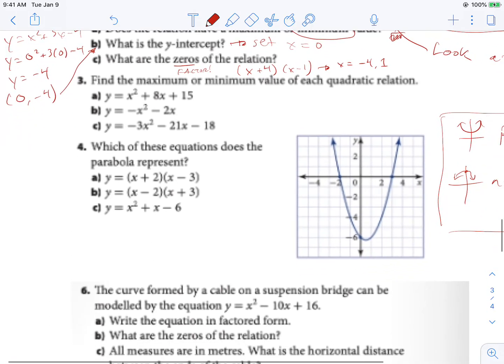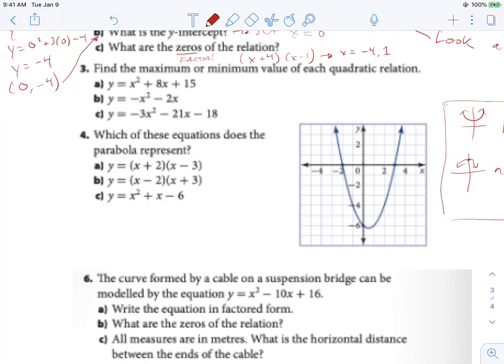So let's go ahead and skip to number 4 here. Which of these equations does the parabola represent? So let's take a look. What are our zeros? Our zeros are -2 and positive 3. If we put those in our brackets, remember we're going to have something and we're going to have something. In order to get to negative 2 and 3 for our zeros, what do we always have to do?